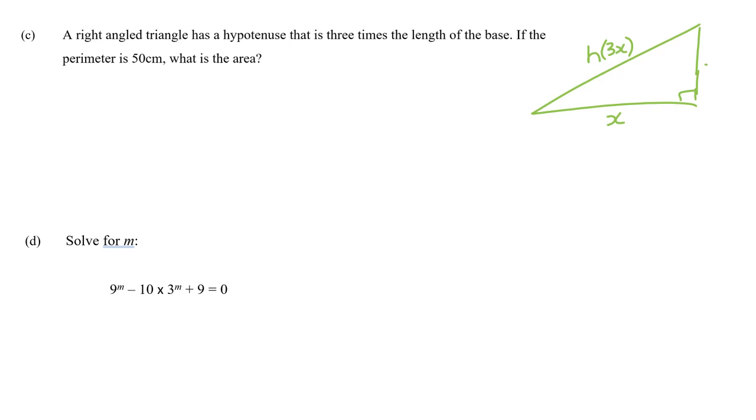But if the perimeter is 50, will we know that's 50 minus 4x, because the perimeter is 50? Does that sound about right? Any questions with that so far? Right. So now how are we going to find the area?